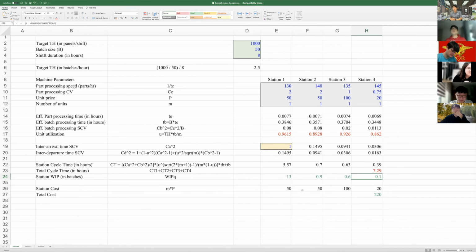Anyway, this is the end of the topic about factory physics. Unfortunately, due to the limit of time, we cannot study about blocking.